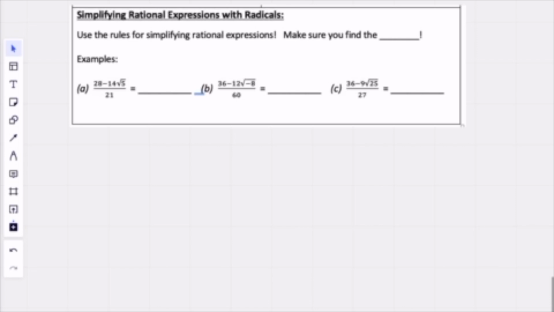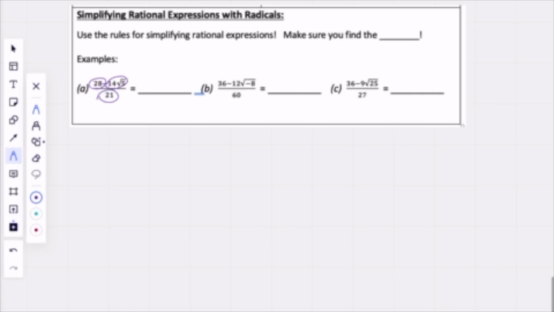All right. One thing to remember when you have an expression like this, and these are common expressions that would come out of the quadratic formula, is that you actually have three pieces within the expression, and you can't simplify two out of the three pieces.